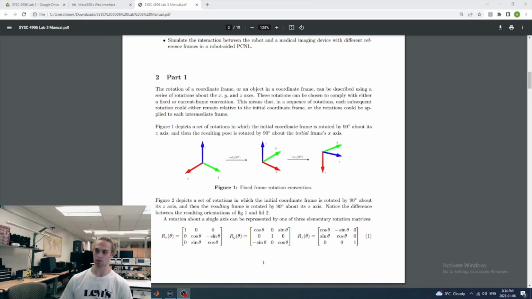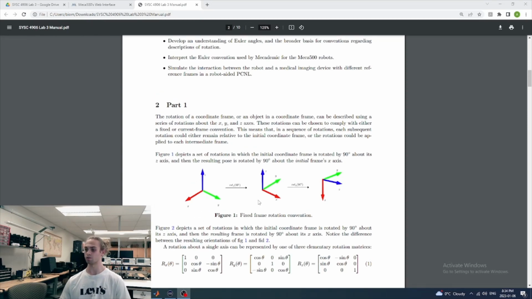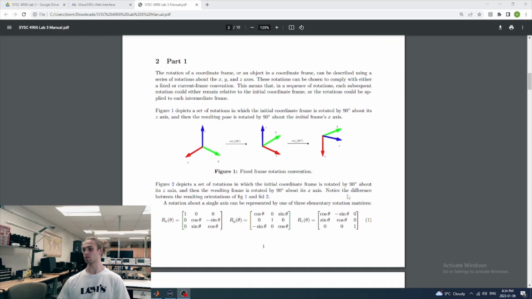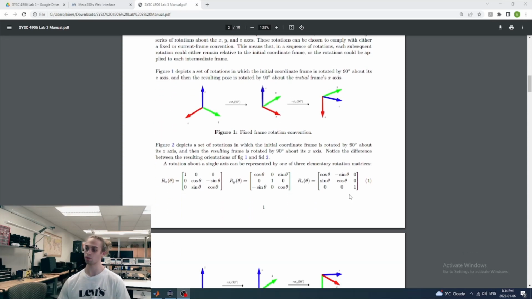Okay, so in our first activity, we're going to be comparing the fixed versus current frame rotations. So we've got a little theory section here in part 1 that compares the two. Basically, the fixed frame rotation convention means that if you're going to be applying a sequence of rotations about different axes to a coordinate frame, you're always going to be applying them relative to what the axes originally were.